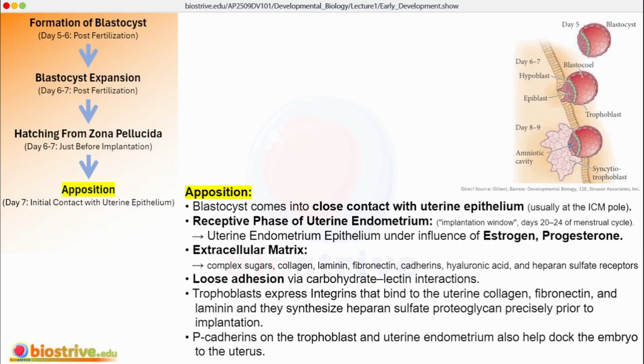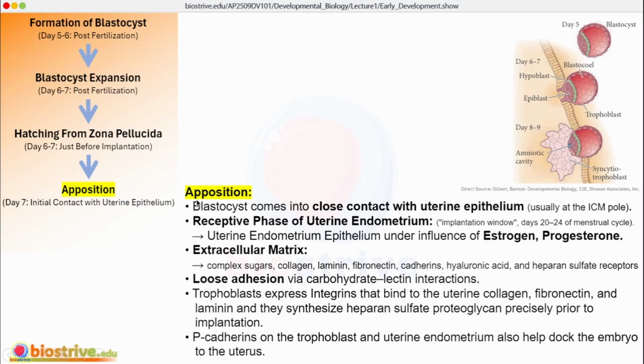Next process is apposition, and this signifies the initial contact with the uterine epithelium. The blastocyst will come in close contact with the uterine epithelium, and it is the cells of the inner cell mass that make the contact, as you can see in this figure.